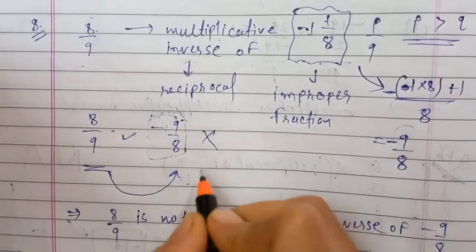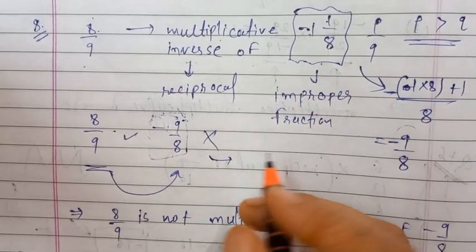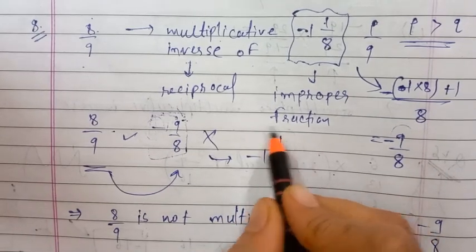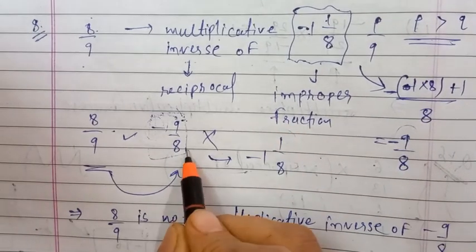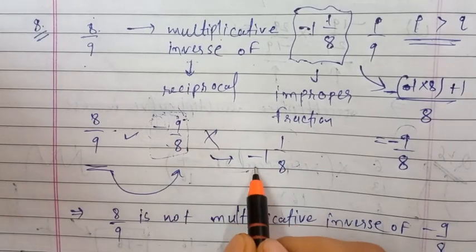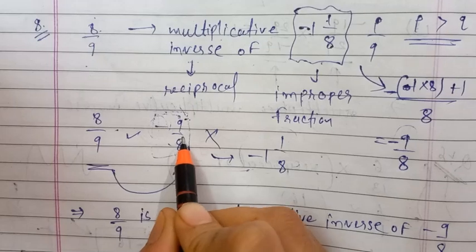We were given minus 1 by 8, and we converted this improper fraction into p by q. How did we convert this?